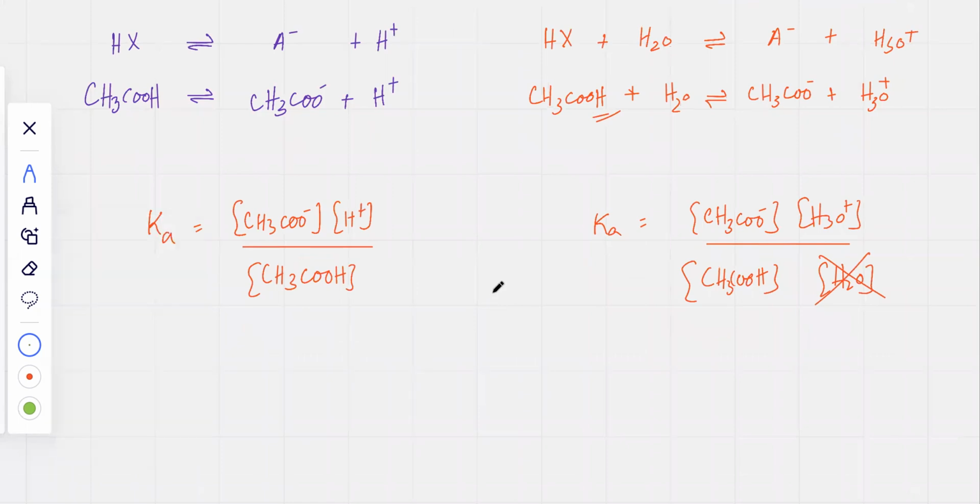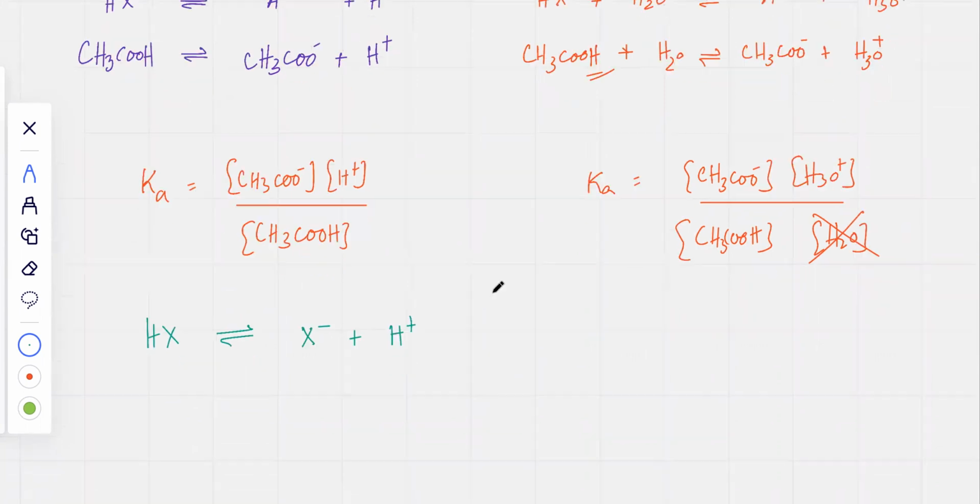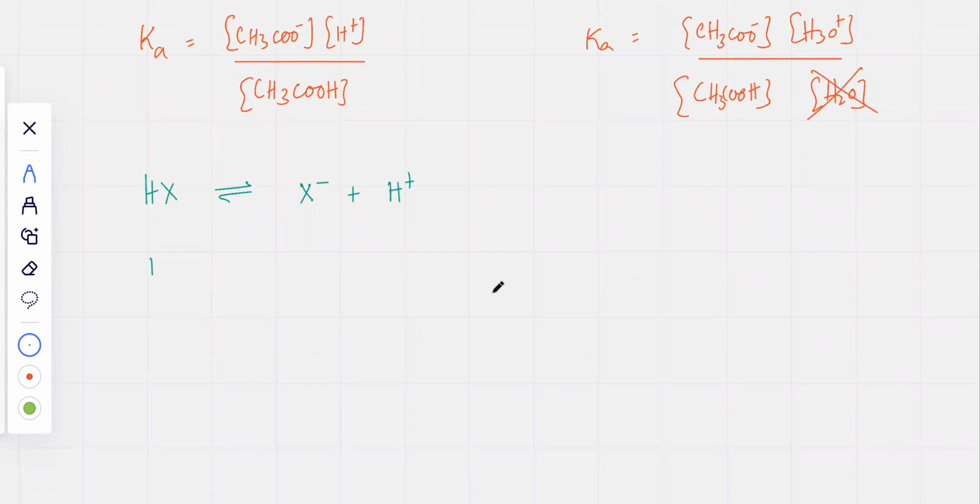Now I'm going to talk about the general acid equation: HX gives X minus 1 plus H plus 1. The K for that would be the X minus 1 concentration times the H plus 1 concentration, divided by the HX concentration.